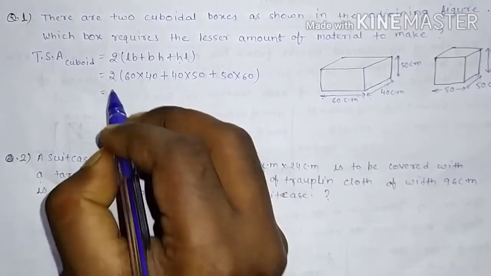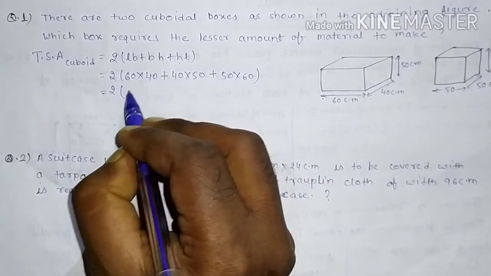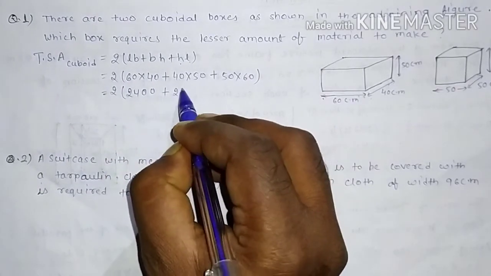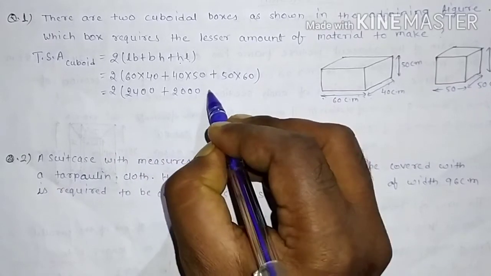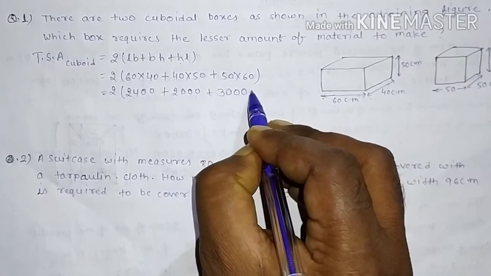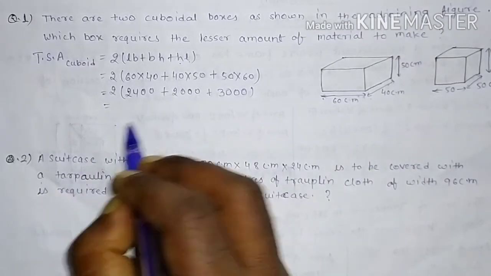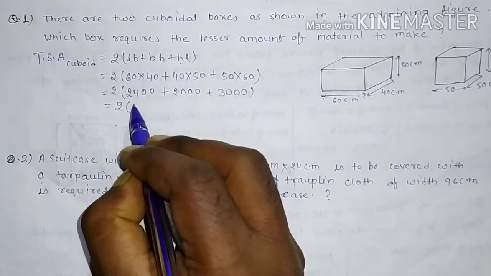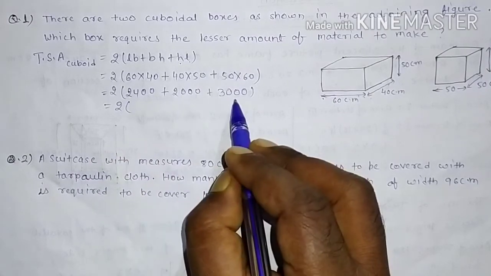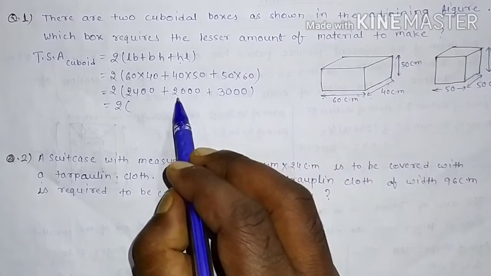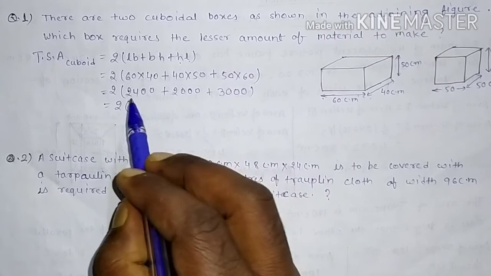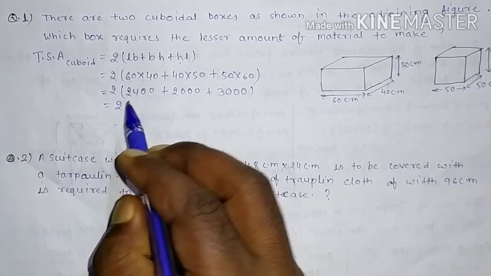Now simplify it. 6 times 4 is 24, with two zeros; 4 times 5 is 20, with two zeros; 5 times 6 is 30, with two zeros. So 2400 plus 2000 plus 3000. 2000 plus 3000 is 5000, and 5000 plus 2400 is 7400.